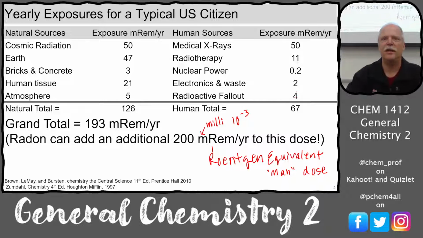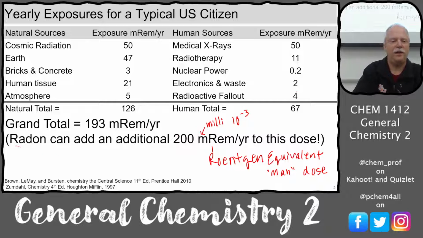All of these different countries have nuclear weapons, and they've all tested them in the environment. And this is a small amount of radioactivity that's still somewhere up in the atmosphere. Occasionally you have some radioactive fallout from these tests, but that's dropped off quite a bit. So human activity gives us 67 millirem. So it still hasn't even come up to the natural sources.